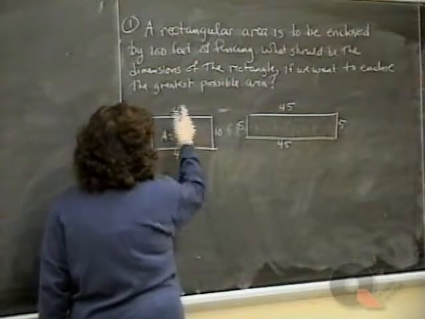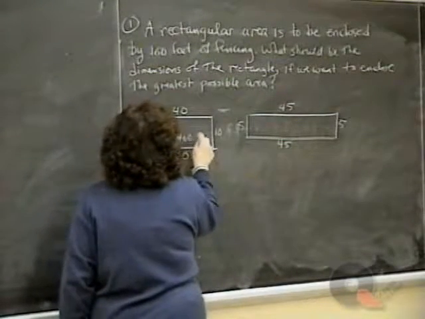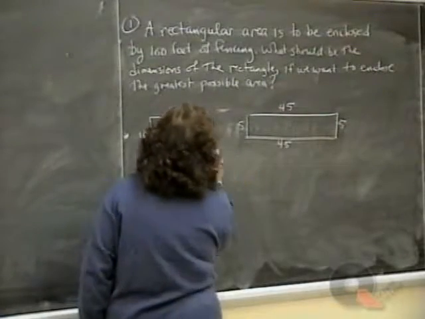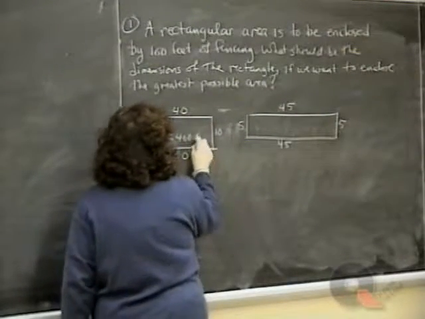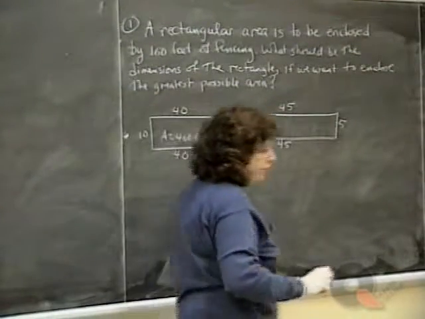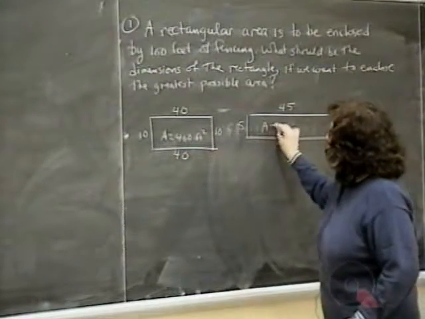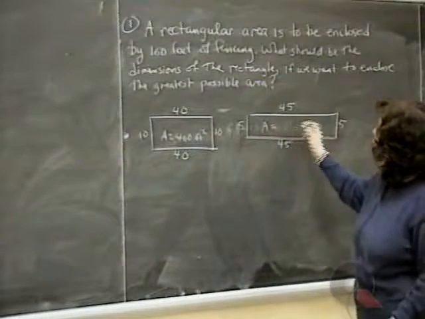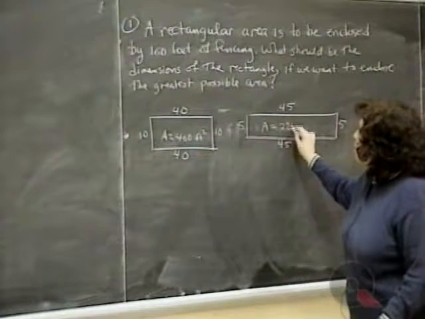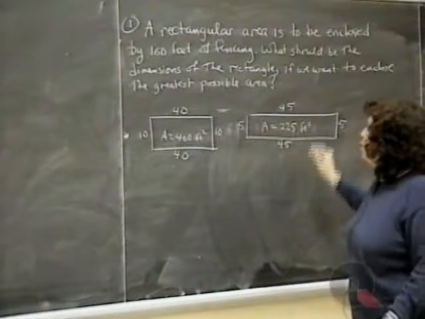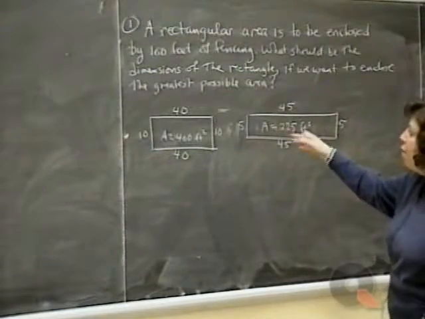Here the area, length times width, is 400 square feet, which we could write either as the words square feet or as feet with the power 2, which is read square feet. Here, the area would be 45 times 5, or 225 square feet. So it does matter how we break it up.